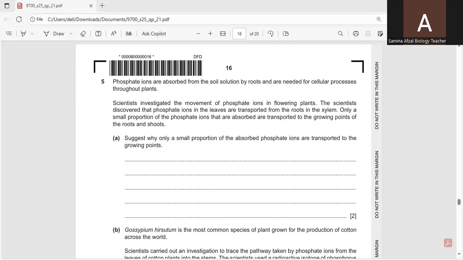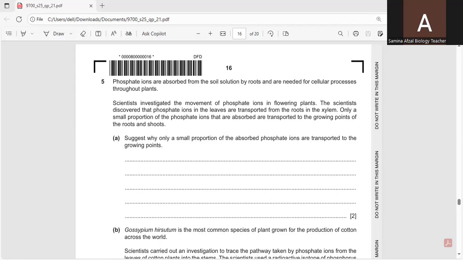While growing points have a high rate of phosphate demand due to rapid cell division, the total quantity required by the rest of the existing mature and metabolically active plant body is significantly larger, meaning most of the absorbed phosphate is utilized before reaching the growing points.